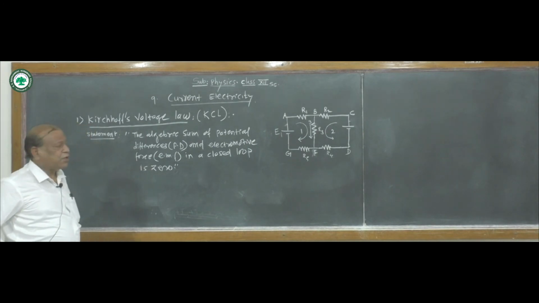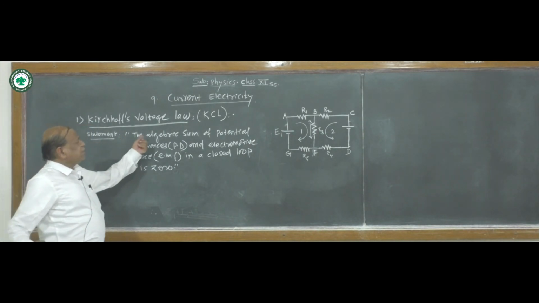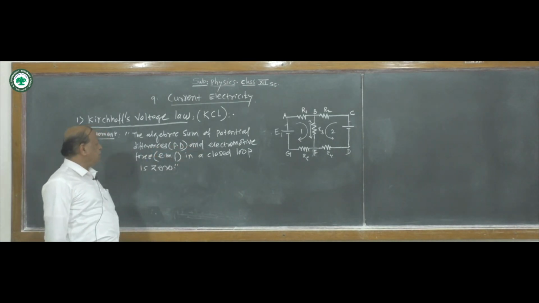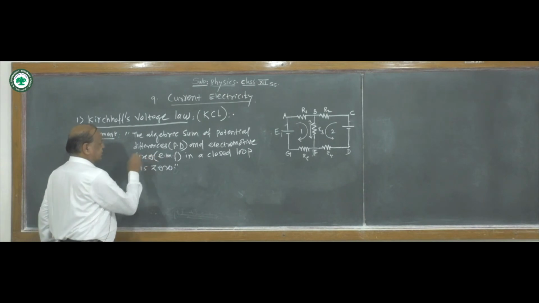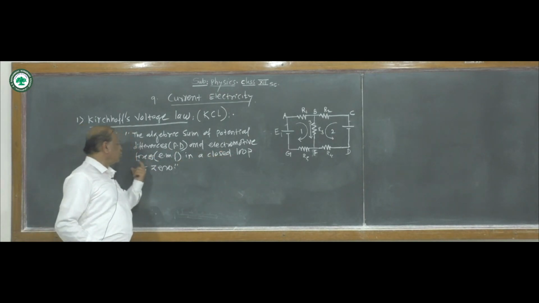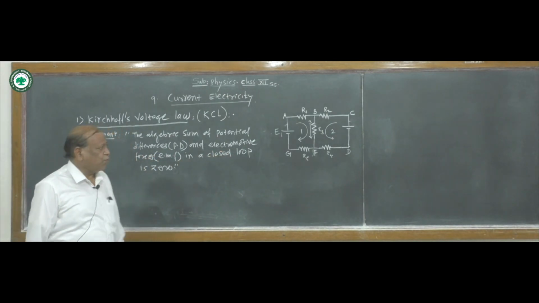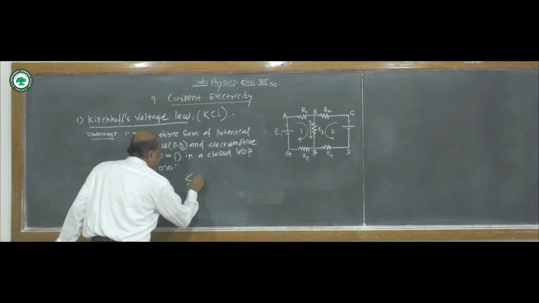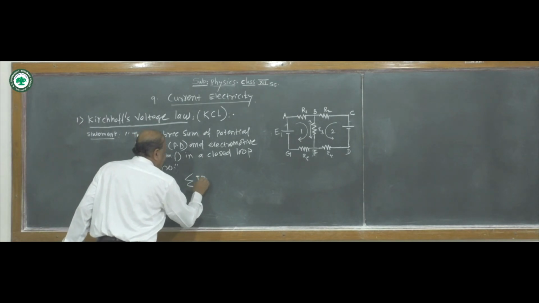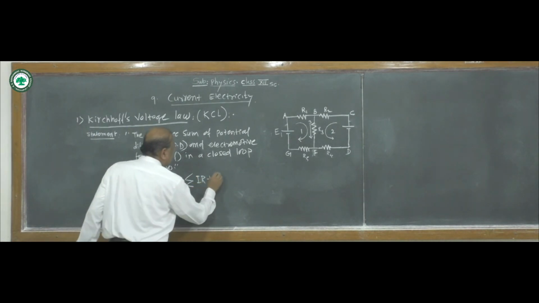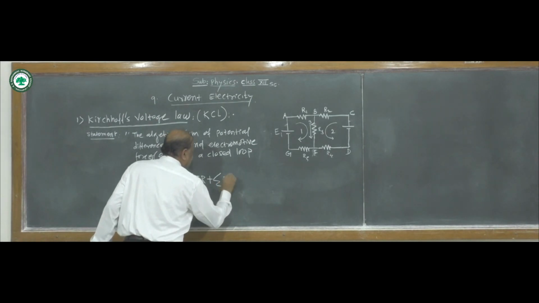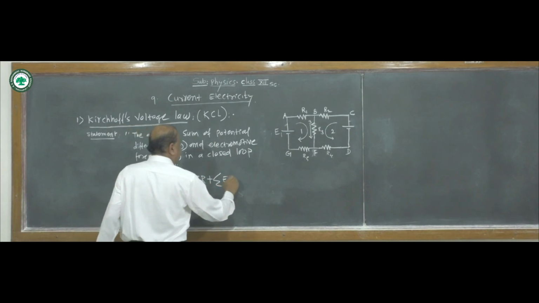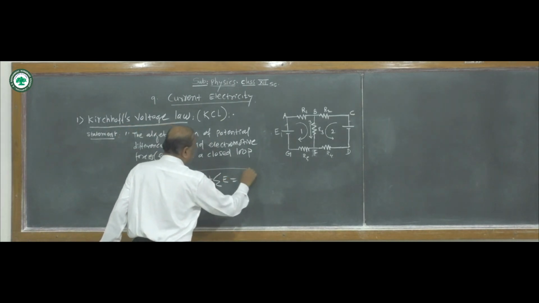Repeat again here. The algebraic sum of potential differences and electromotive forces in a closed loop is 0. Mathematically, the summation of PD, from Ohm's law IR, plus the summation of EMFs of that closed loop is equal to 0.